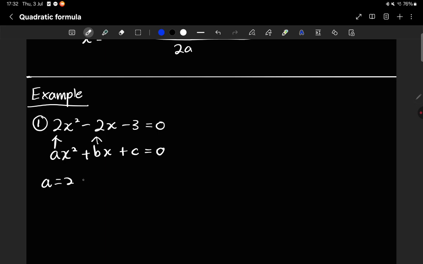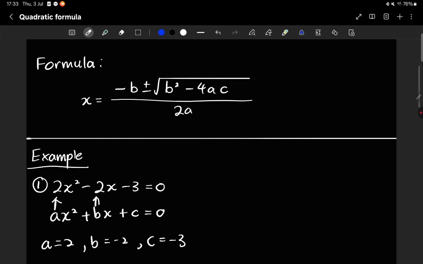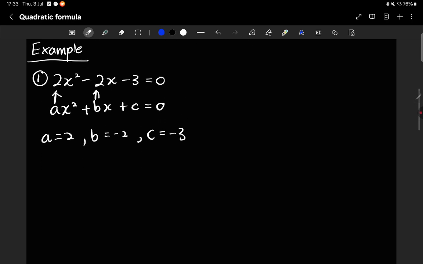Our b, we have to remember, is negative 2, because you see, this is the b. And the c is negative 3. With that, we can plug in the values to find the roots.